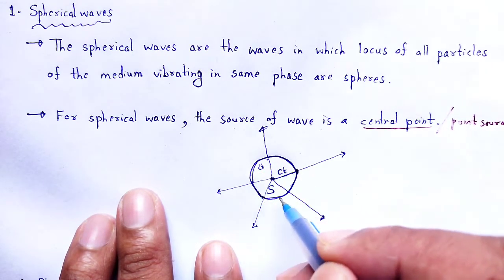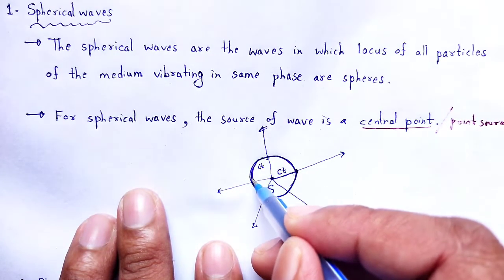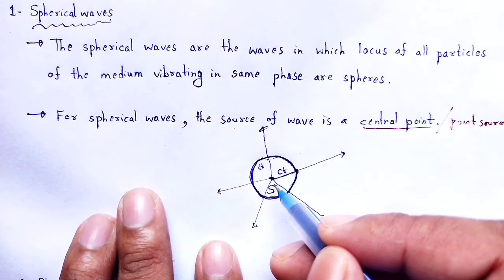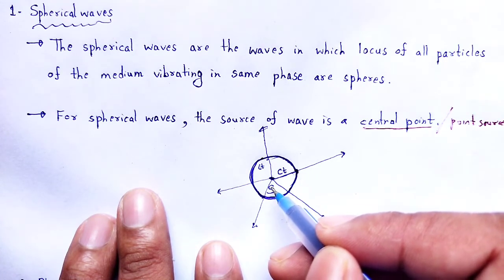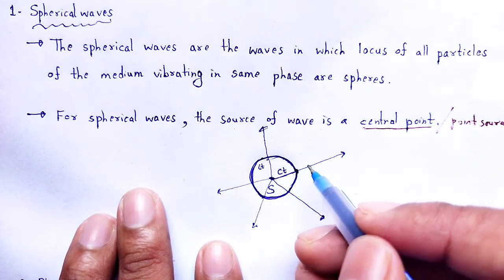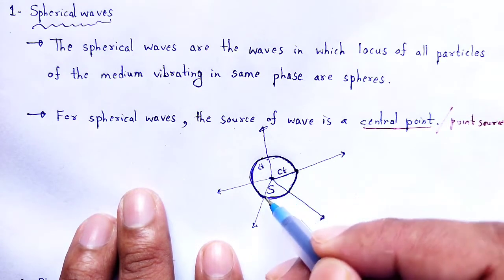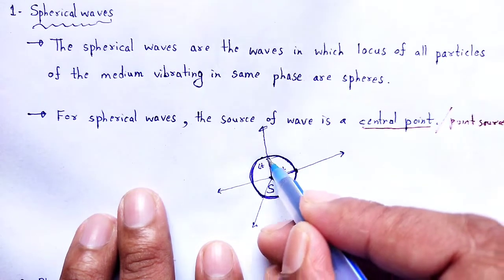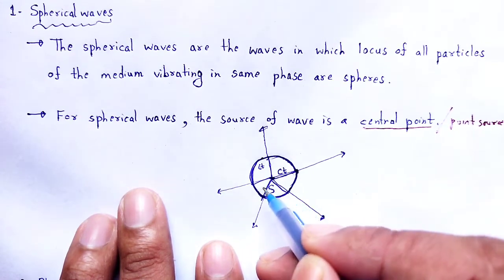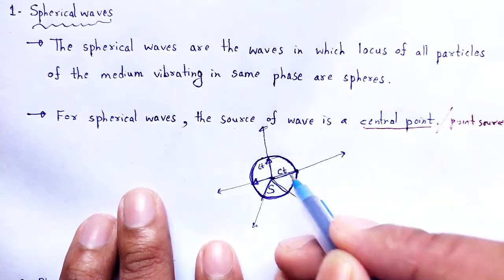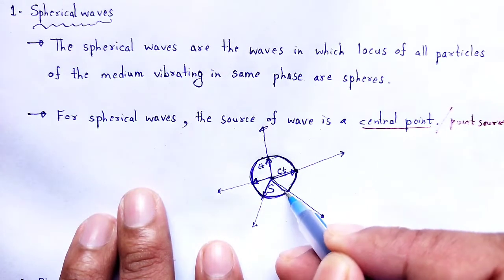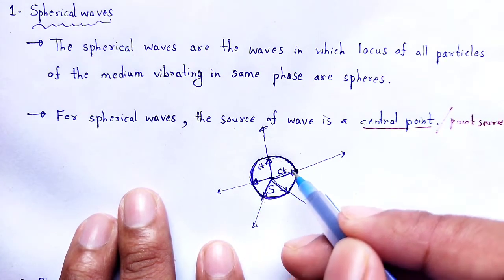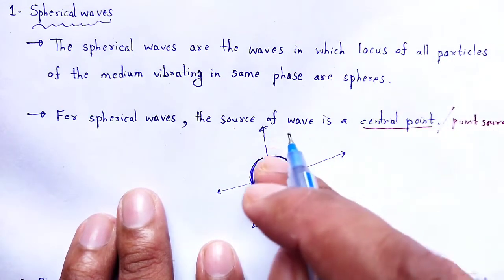Thus, the spherical wave front is produced by a point source S of light, because the locus of all such points which are equidistant from that point is a sphere. In 3 dimensions it is a sphere.